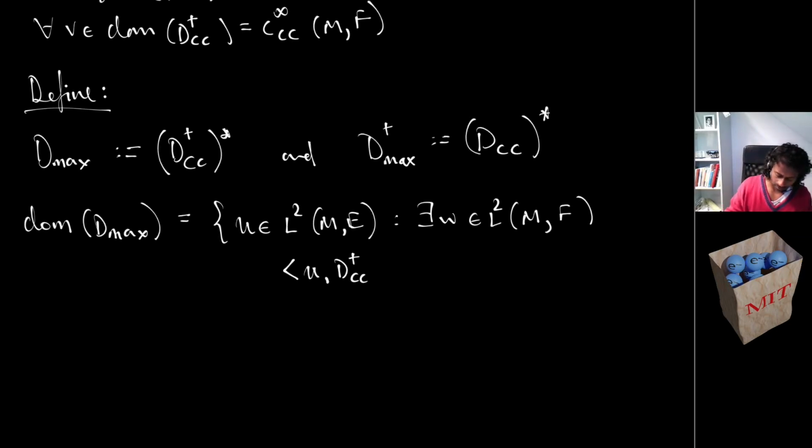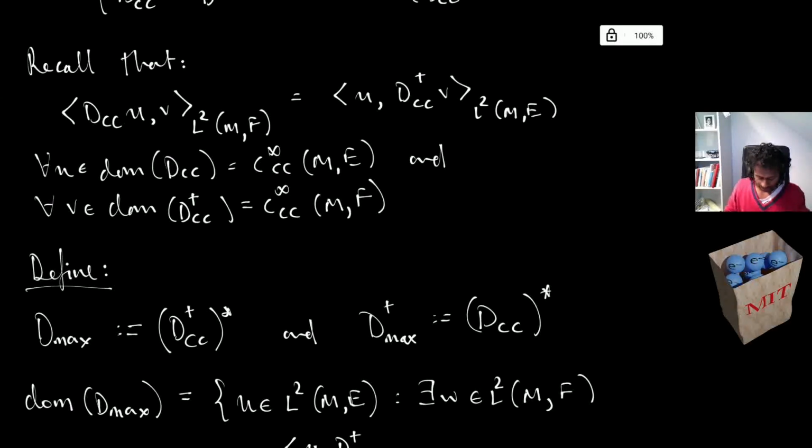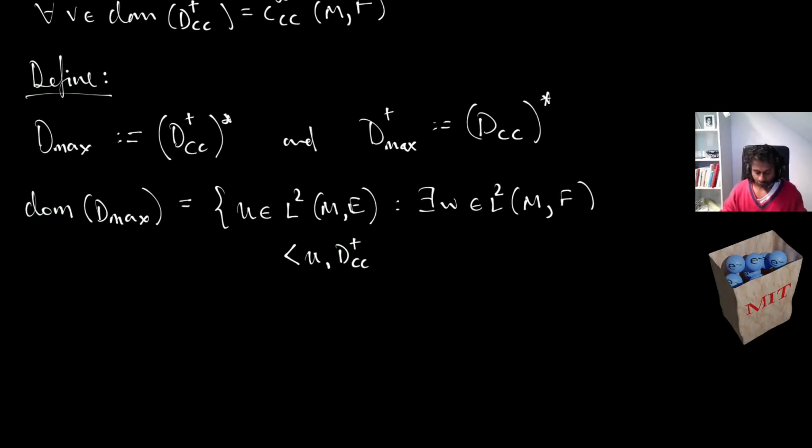So the question is whether d_max dagger is the formal adjoint of d_max. No, it is not. If d_max dagger was the formal adjoint of d_max, then we wouldn't really have anything to do.